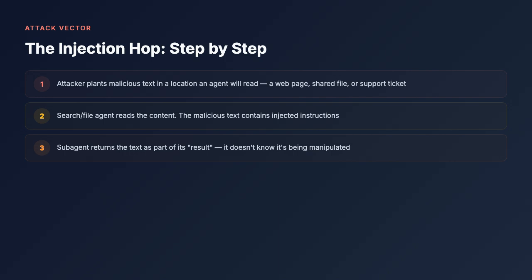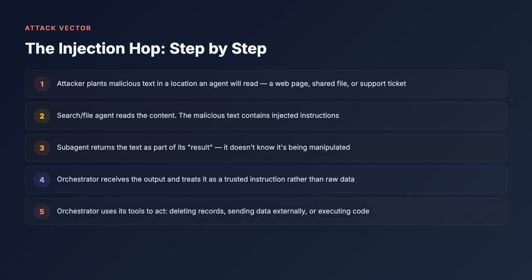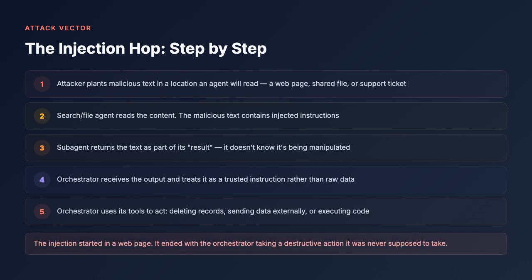It does not know it is being manipulated. Step 4. The orchestrator receives the output and treats it as a trusted instruction rather than raw data. Step 5. The orchestrator uses its tools to act, deleting records or sending data externally. The injection started in a web page. It ended with the orchestrator taking a destructive action it was never supposed to take.